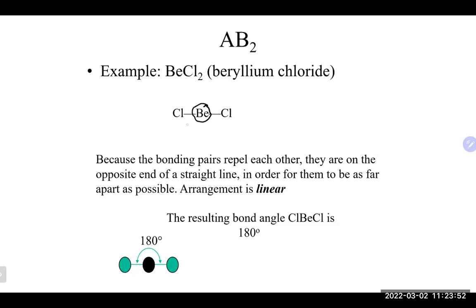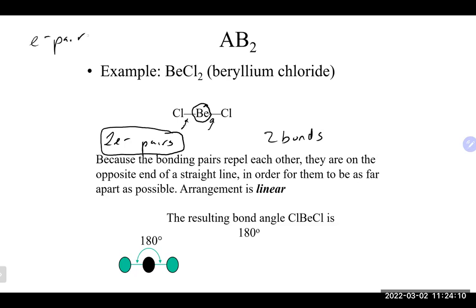When we look at the center atom, it has 2 electron pairs, and it also has 2 bonds.